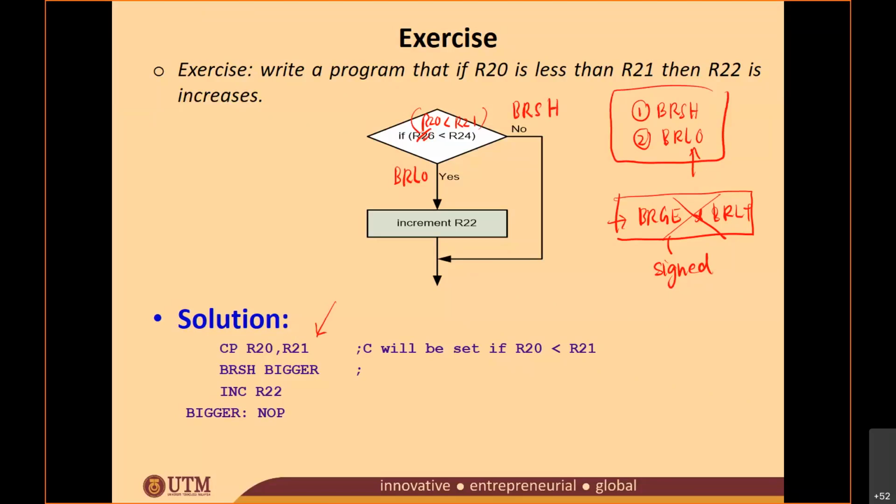If BRSH, then it's no operation. If not, you need to increment R22. The one that you select will make the programming different. If you opt for BRLO, then the programming will be different from BRSH.